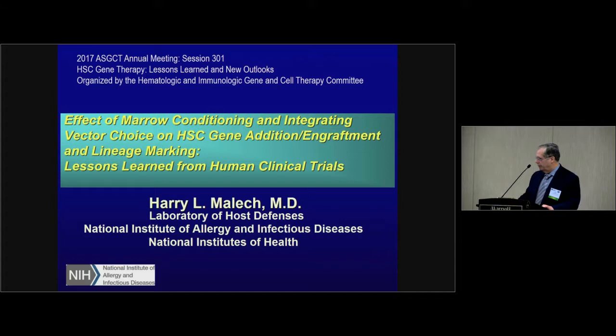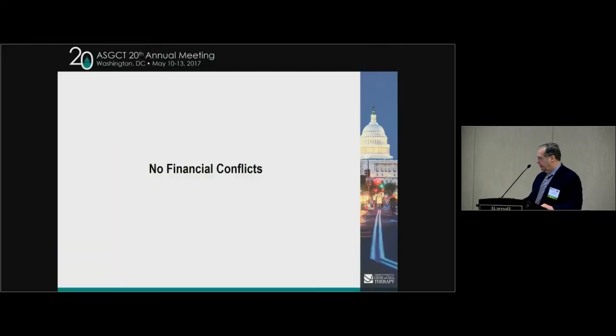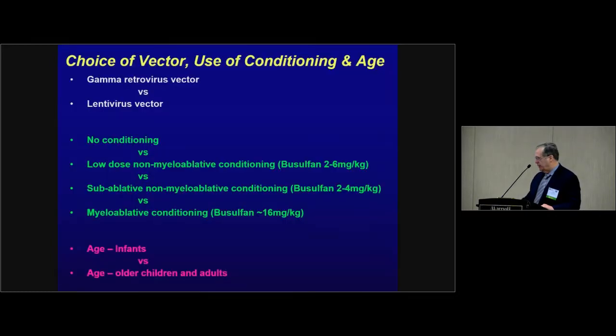Today, what I'd like to do is to follow this up with a more, I would call it, empiric talk. That is to say, okay, if you have these kinds of things, why does this all matter, particularly in the gene therapy setting? So, no conflicts.